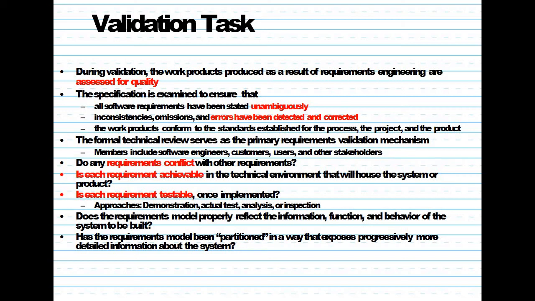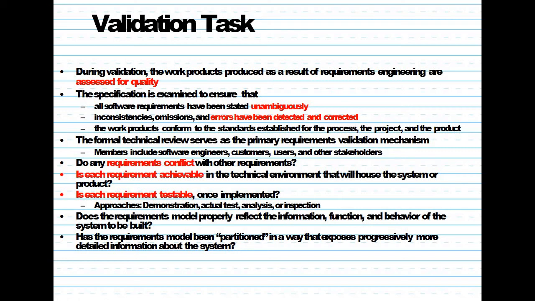The work product conforms to the standards established for the process, project, and the product. Now, informal review serves as the primary requirement validation mechanism where the members include software engineers, customers, users, and other stakeholders.